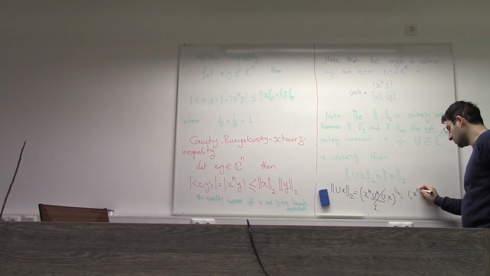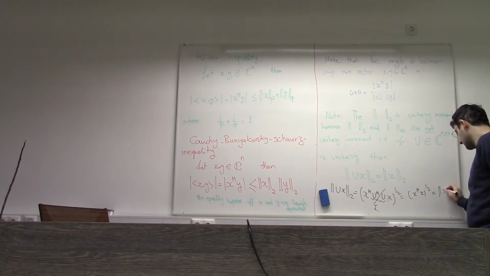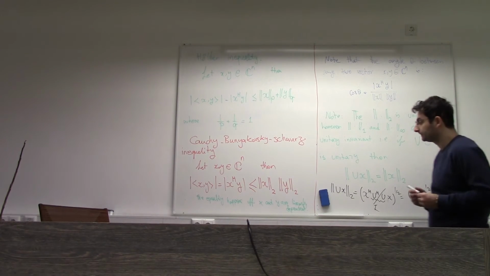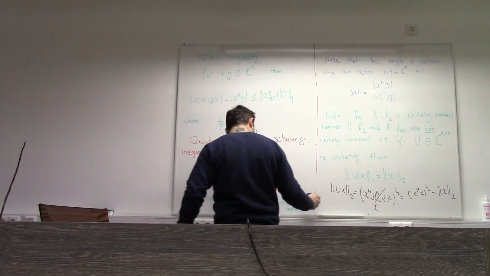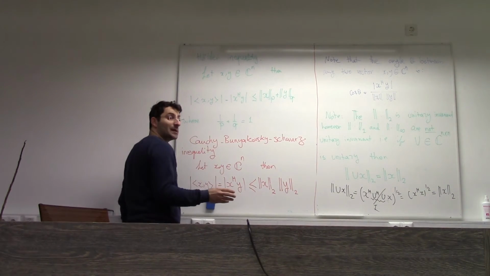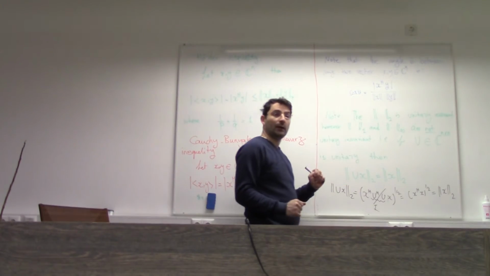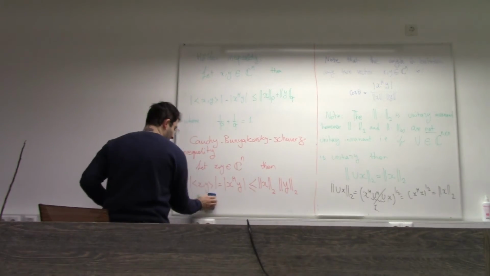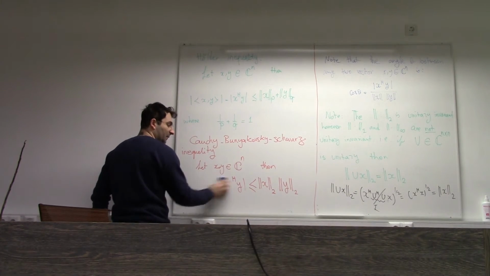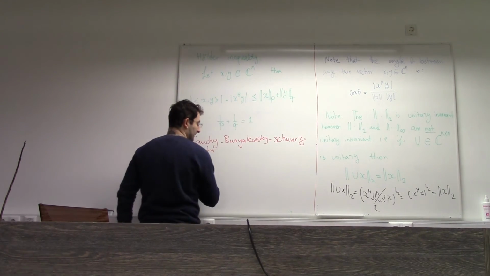Now, because U is unitary, U Hermitian U is I, so this is x Hermitian x to the power 1 over 2, which is norm of x. Obviously, norm 1 or norm of infinity are not unitary invariant. If you multiply them by U, you are changing the results.